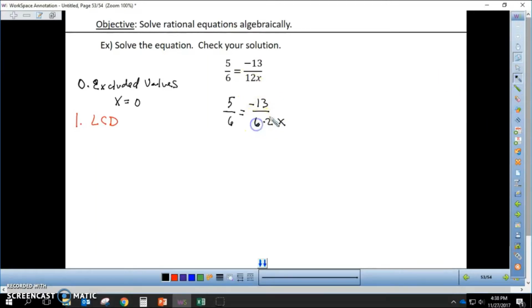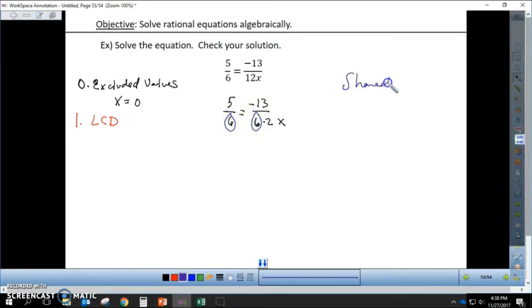Here I have a shared factor, 6, and then our remaining factors are 2 and x.